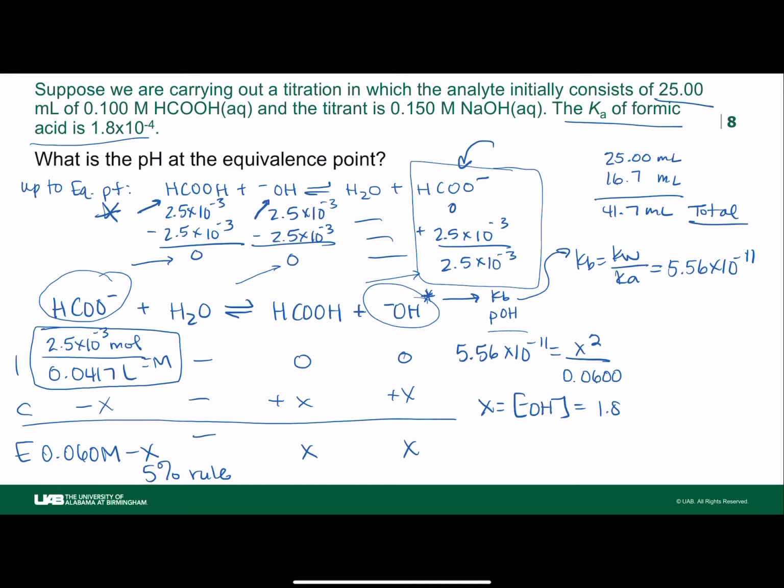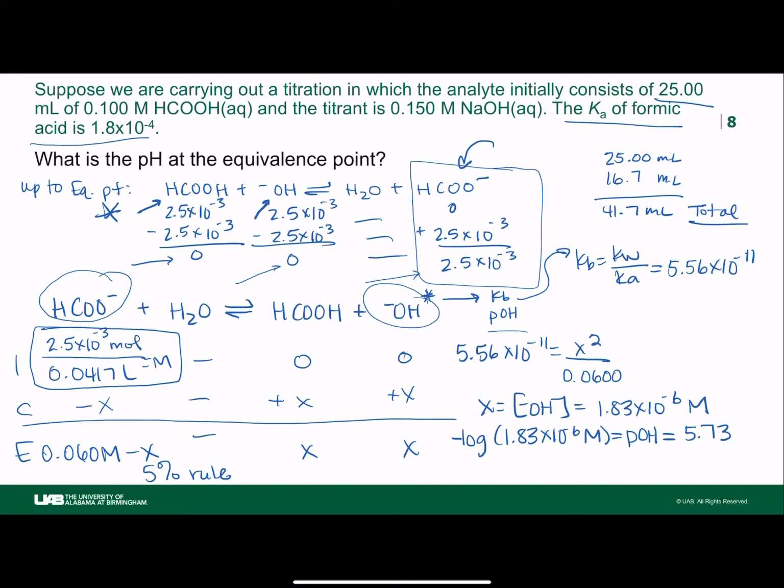That concentration is equal to 1.83 times 10 to the minus 6 molar. Now you've got a couple of options. I like to go to the pOH first, so that's what I'm going to do. I'm going to take the negative log of the 1.83 times 10 to the minus 6 molar, and I'm going to remember that that gives me pOH. And that number is going to be 5.73.